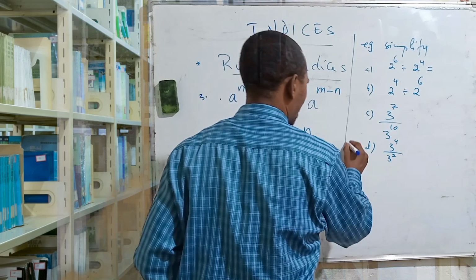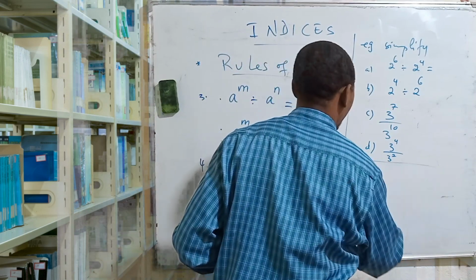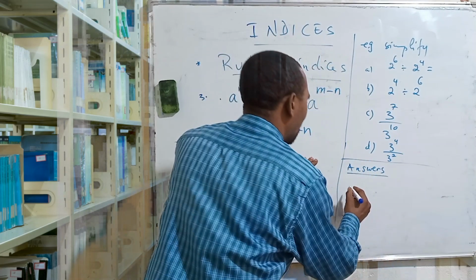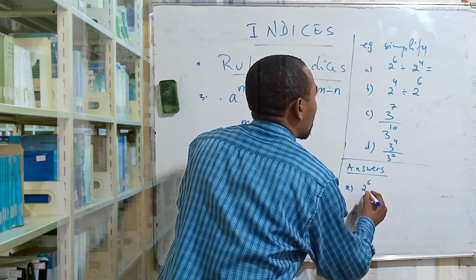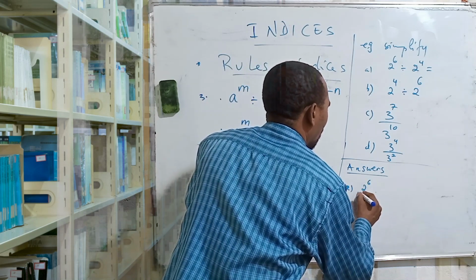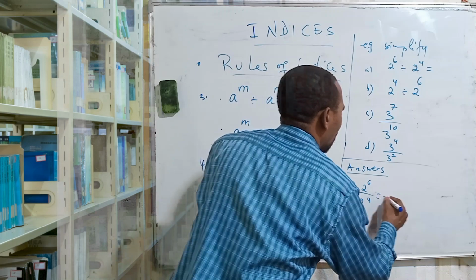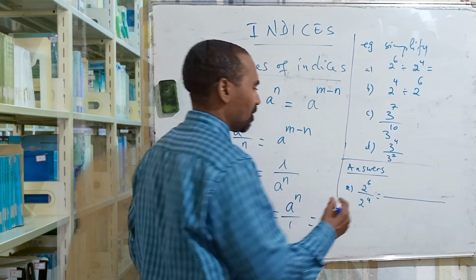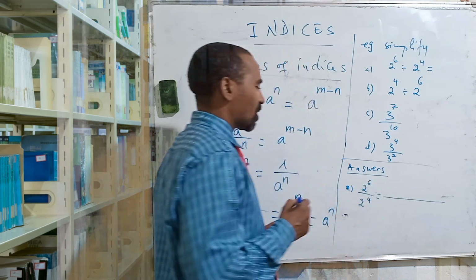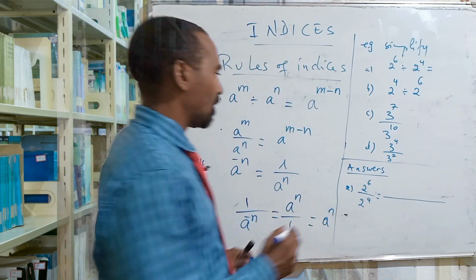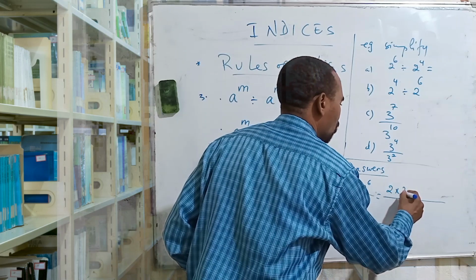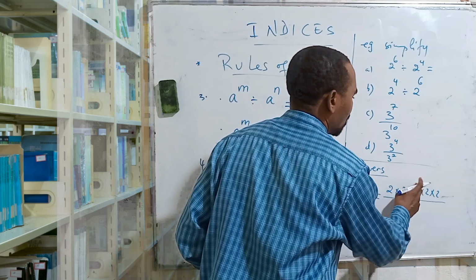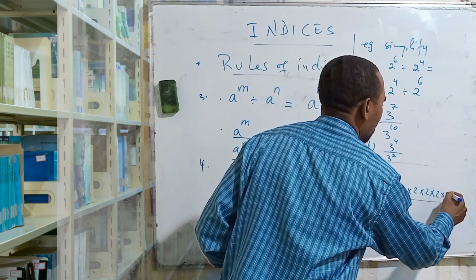There are two ways. If I have 2 power 6 over 2 power 4, there are people who prefer to develop and simplify. These 2 power 6, using the first property we studied, is 2 times 2 times 2 times 2 times 2 times 2, 6 times: 1, 2, 3, 4, 5, 6.